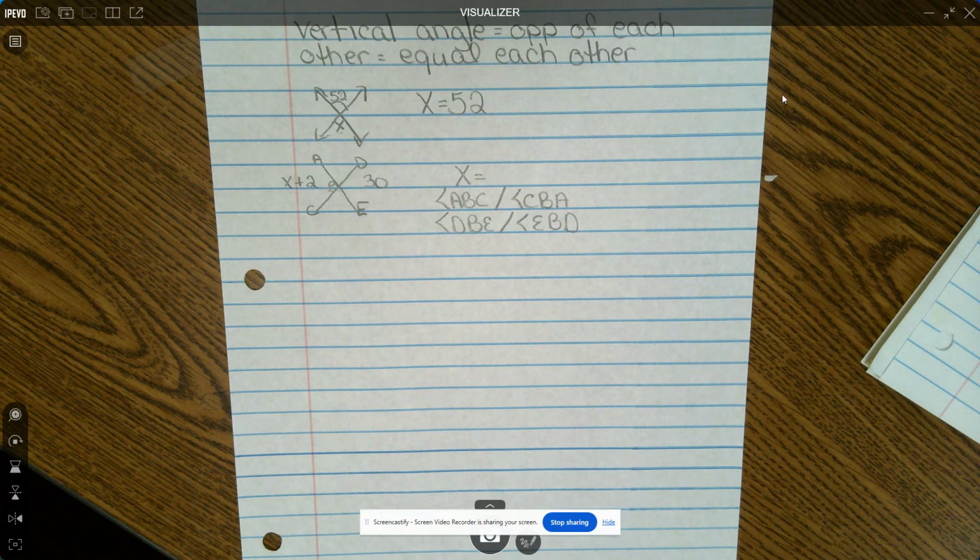Yes, that's the 30. And yes, vertical angles right now in 7th grade are that easy. If you can figure out complementary and supplementary angles, everything falls into the same routine.